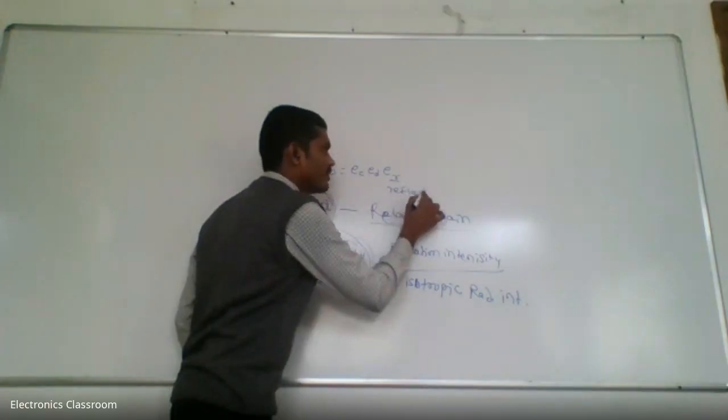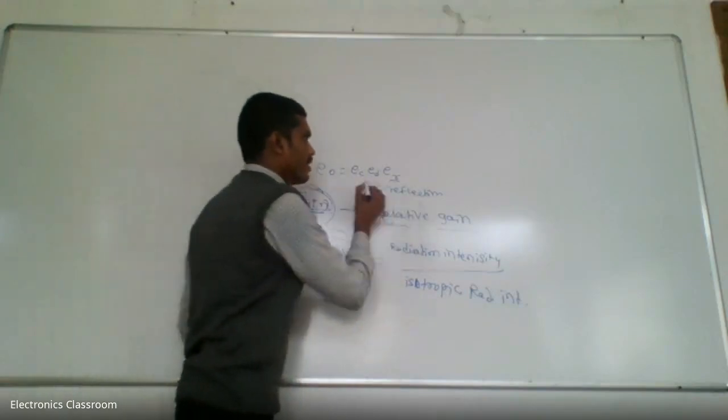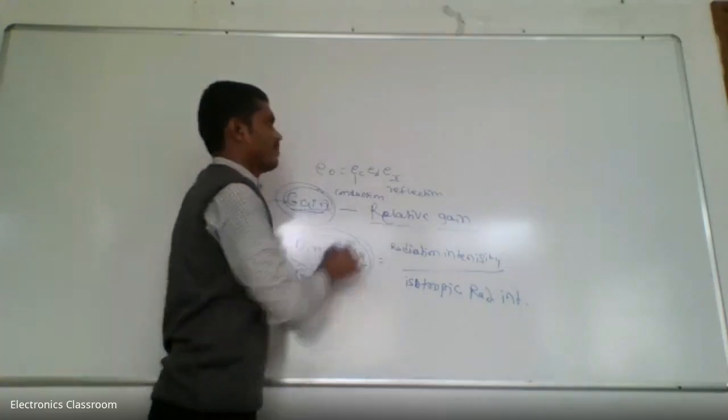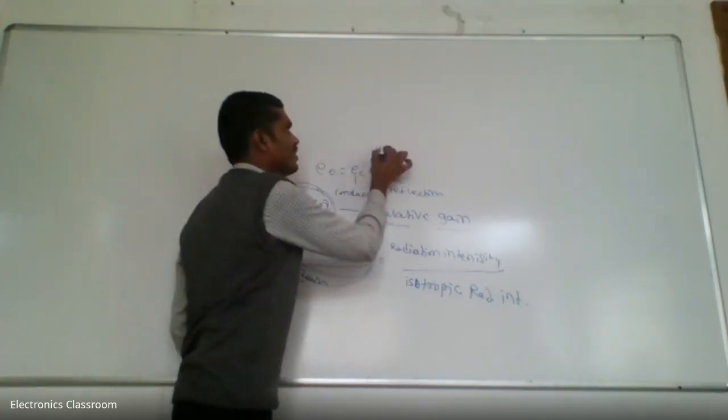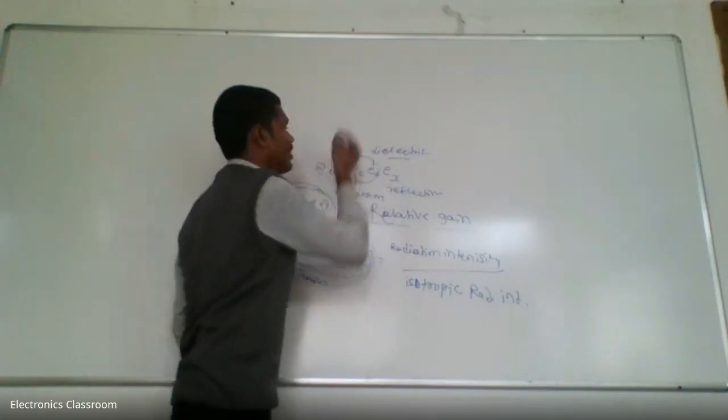R is the reflection efficiency, C is the conduction efficiency, and D is the dielectric efficiency of that particular antenna.